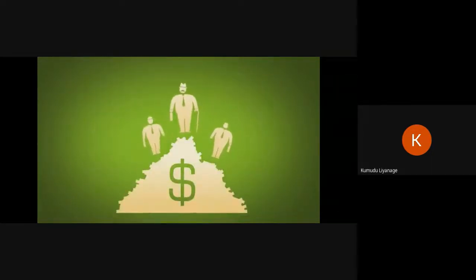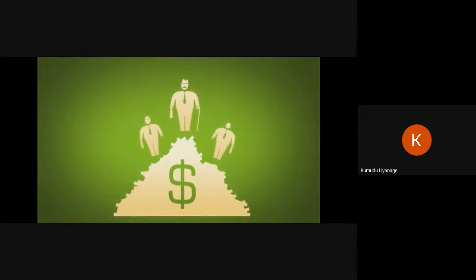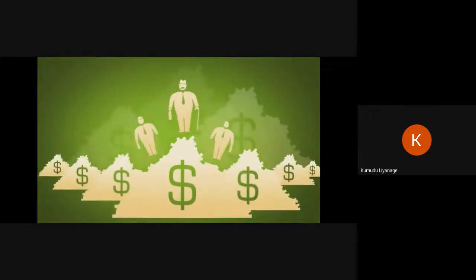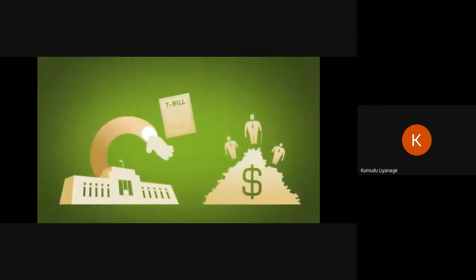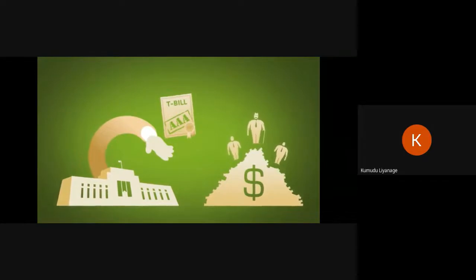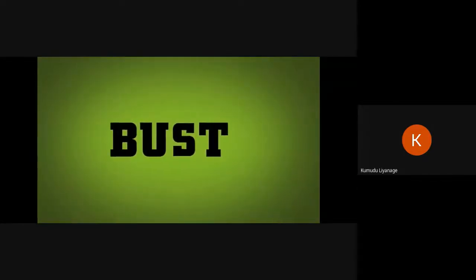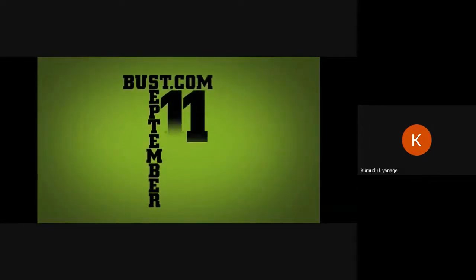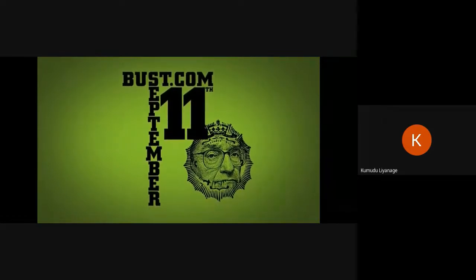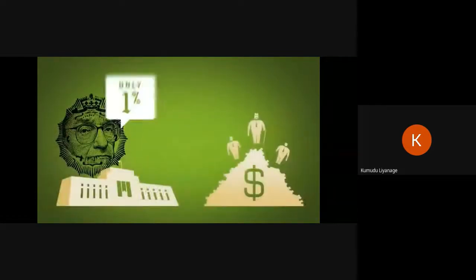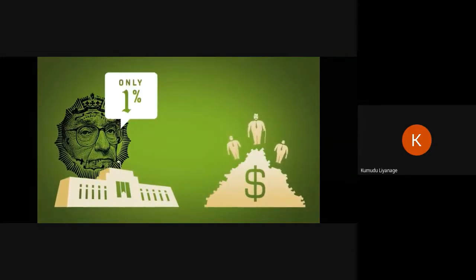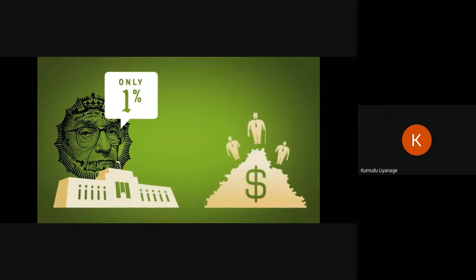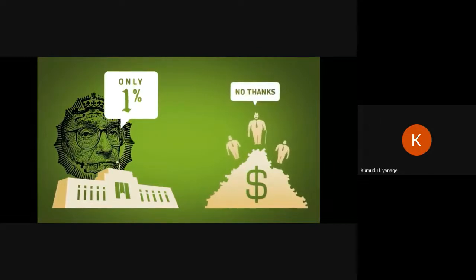Years ago, the investors are sitting on their pile of money, looking for a good investment to turn into more money. Traditionally, they go to the U.S. Federal Reserve, where they buy treasury bills, believed to be the safest investment. But in the wake of the dot-com bust and September 11th, Federal Reserve Chairman Alan Greenspan lowers interest rates to only 1% to keep the economy strong. 1% is a very low return on investment, so the investors say, no thanks.